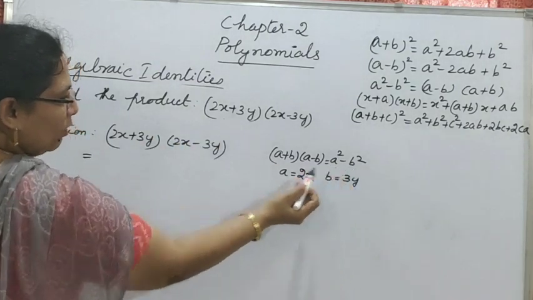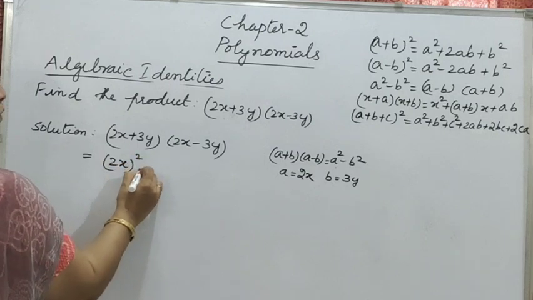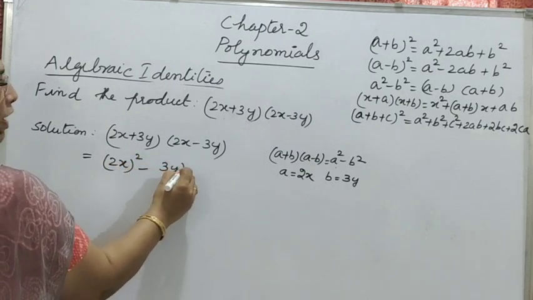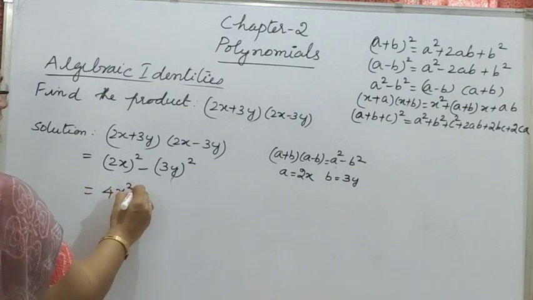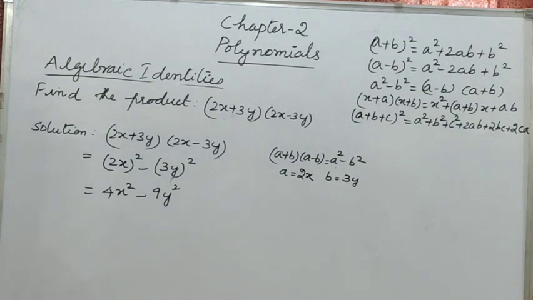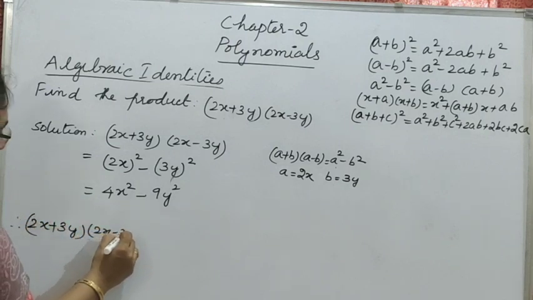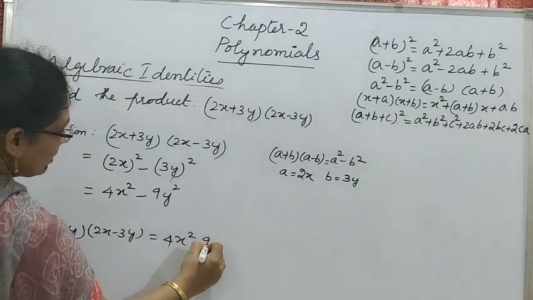A square and b square. What is a square? 2x whole square. What is b square? 3y whole square. So it is equal to 4x square minus 9y square. Very easy one only, easy identity. So conclusion: 2x plus 3y into 2x minus 3y equals 4x square minus 9y square.